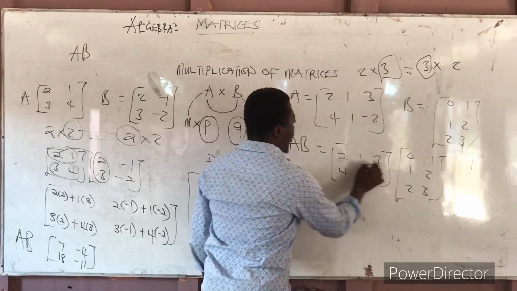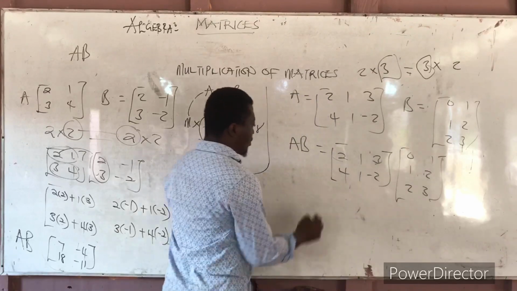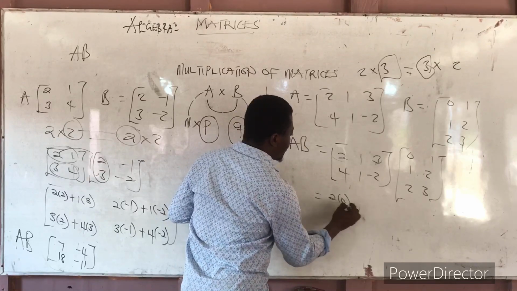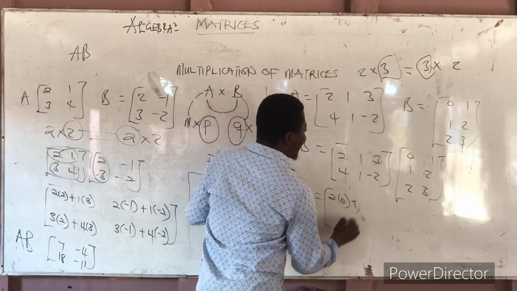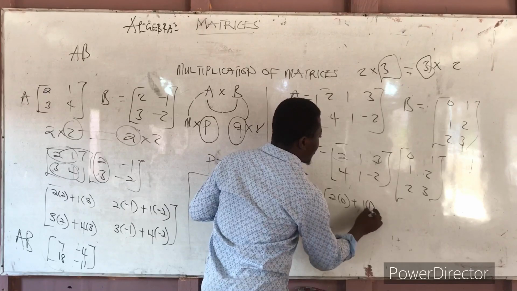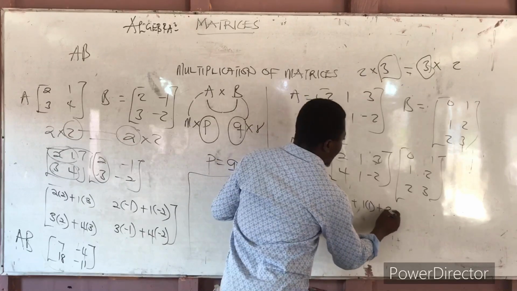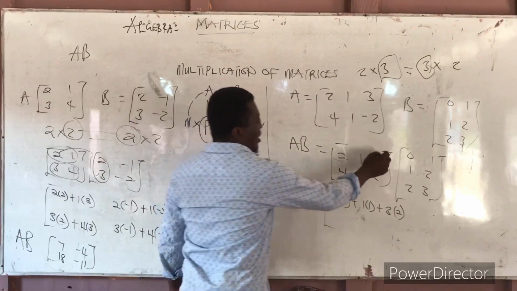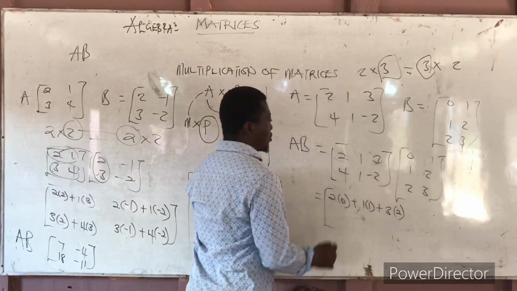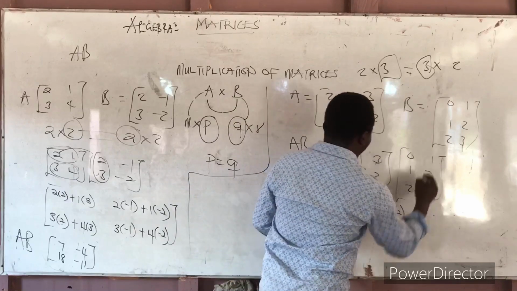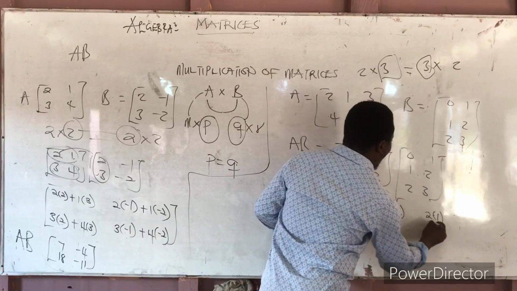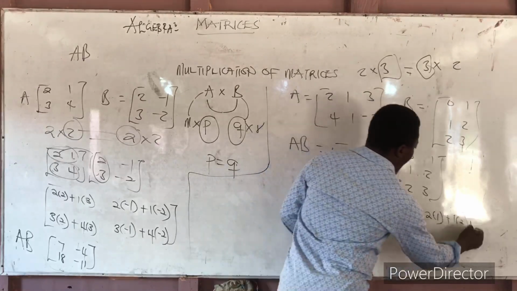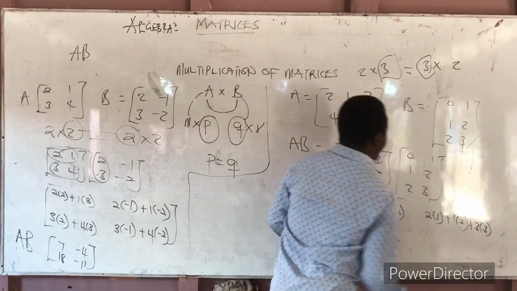This row against this column, you are going to get 2 times 0 plus 1 times 1 plus 3 times 2. Then you are done with the first row against the first column. Let's go to the first row against the second column. You get 2 times 1 plus 1 times 2 plus 3 times 3.